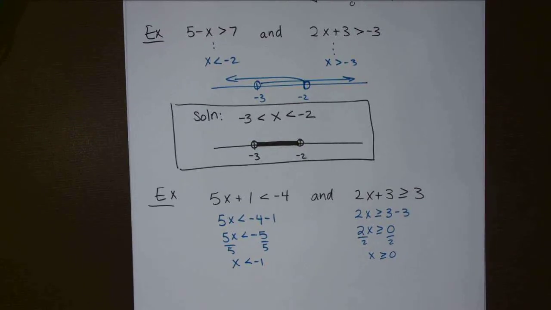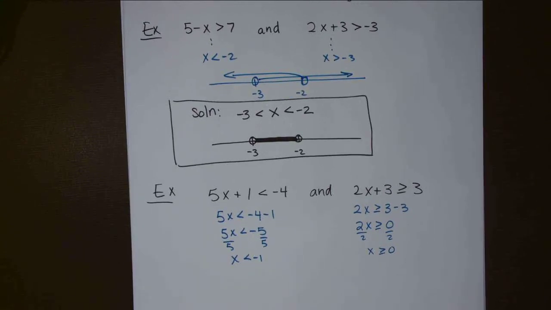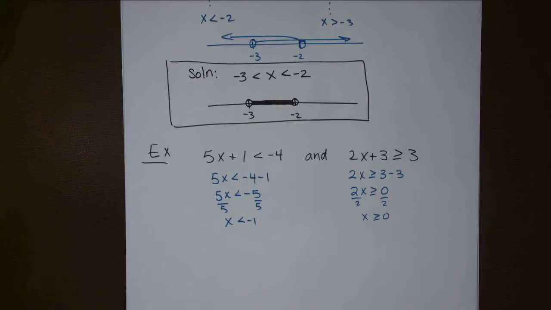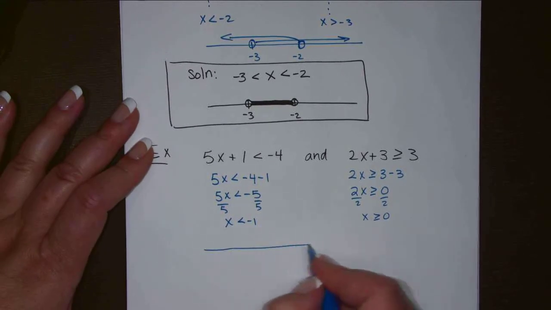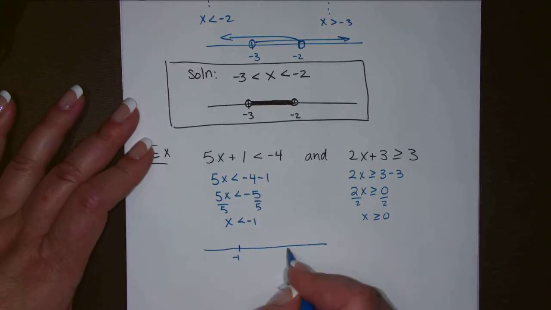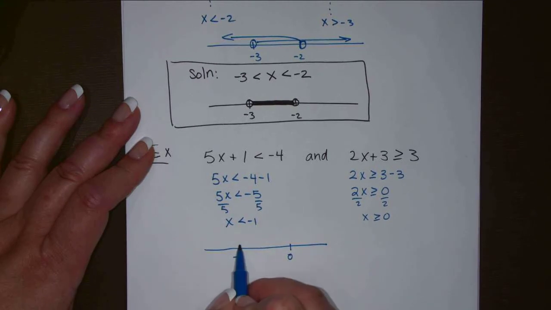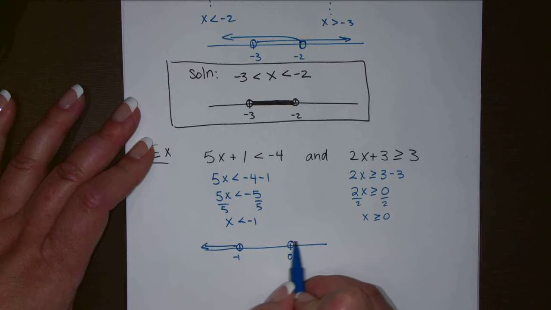So here's our 2. And the first one I said was and, so when we draw it, we're looking for the overlap. Negative 1 is smaller than 0, so we get them in the right order. Less than negative 1, greater than 0.